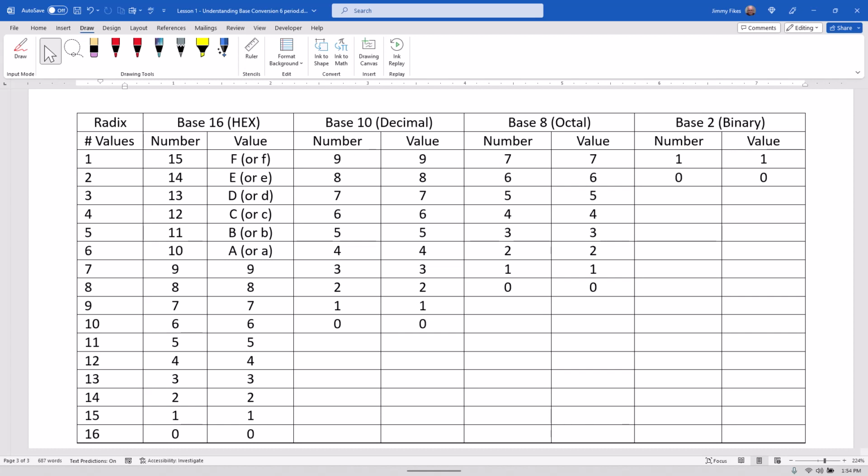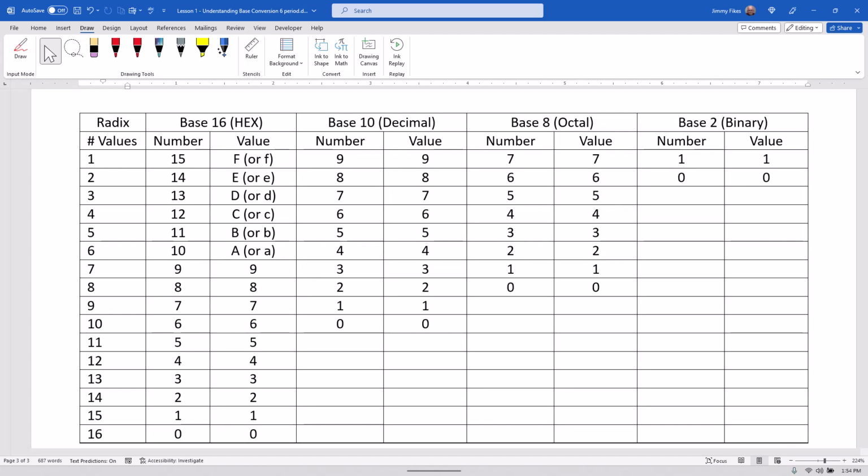Look under base 16 and look under the counting values in base 16. At the bottom, we start counting up. To count in base 16, you start with 0, 1, 2, 3, 4, 5, 6, 7, 8, 9. But after we get to 9, what are we going to do for a 10?